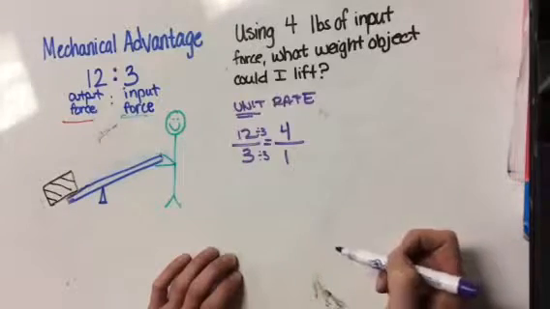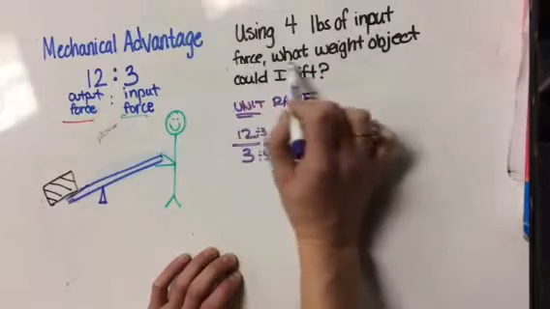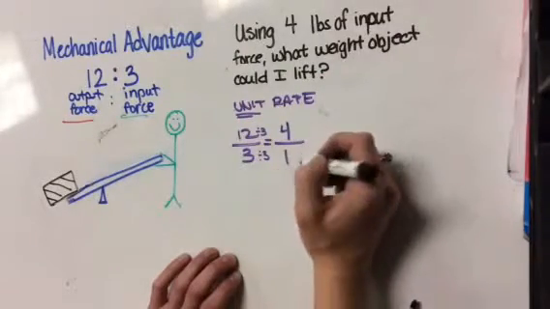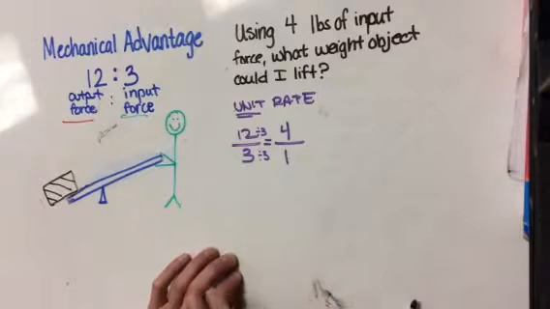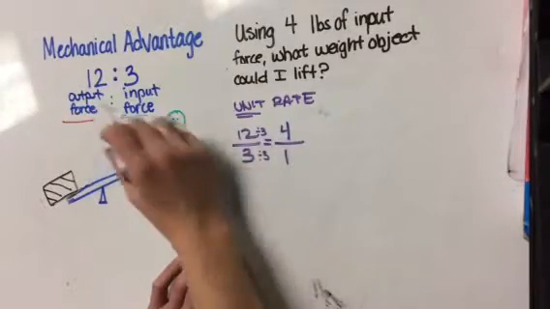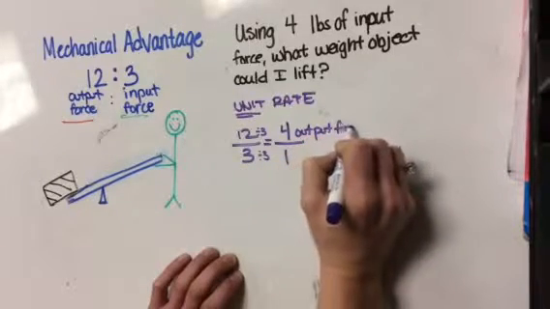This unit rate is great now because it asks me, using 4 pounds of input force, what weight object could I lift? My unit rate can be used to tell me the answer to that. I know that 4 came from this 12, and 12 was my output force, so I don't want to forget my units.